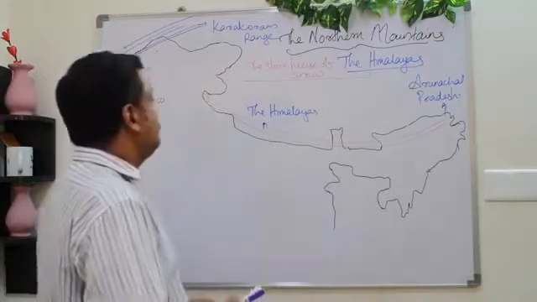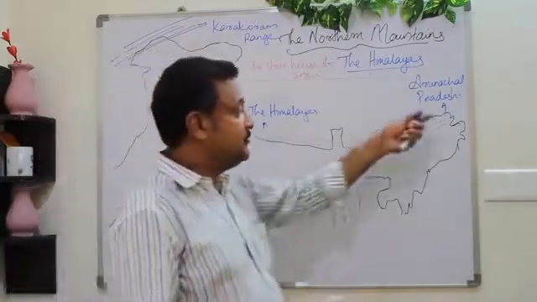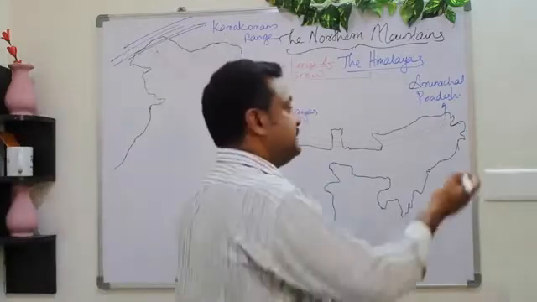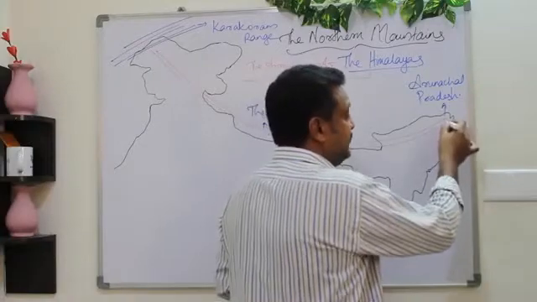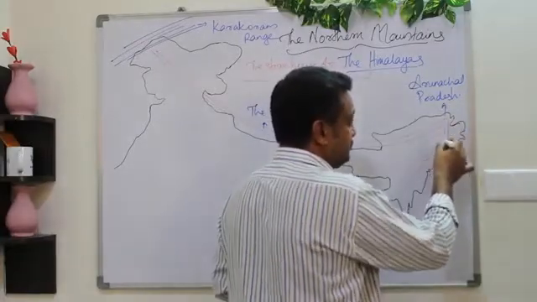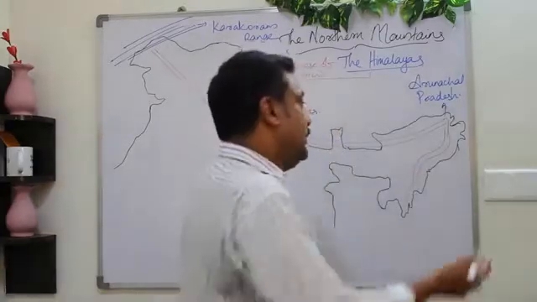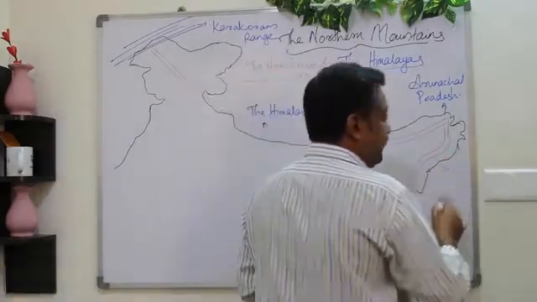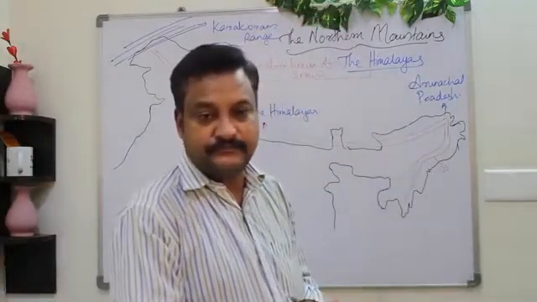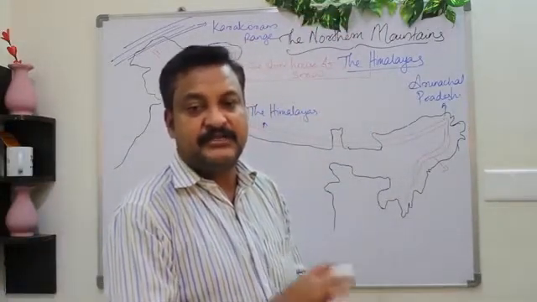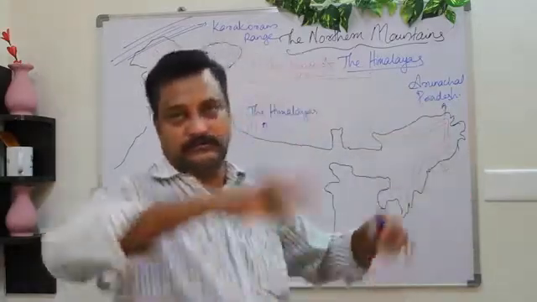The tallest mountains are seen here, and after coming over to Arunachal Pradesh, it bends down. It bends down and goes like this. In this region, the height of the mountains is very short, just like a wall.